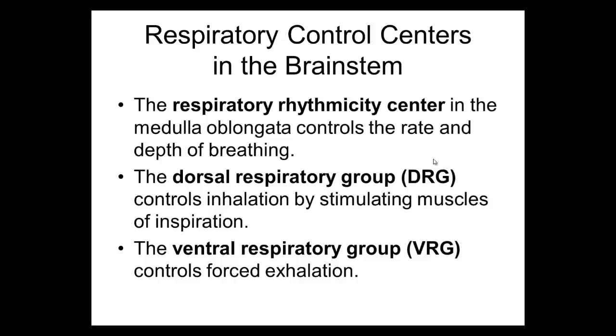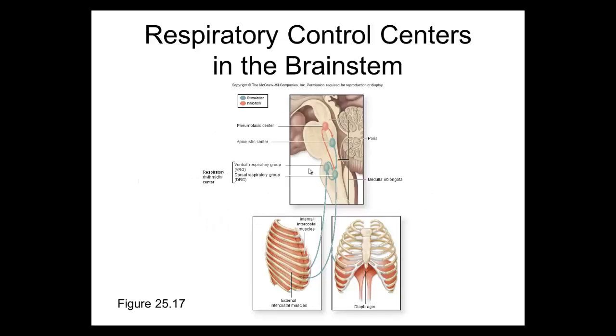So in the medulla oblongata, we're going to have what we call the dorsal and ventral respiratory group, and the dorsal will be associated with inspiration, the ventral will be associated with expiration or exhalation, and then in addition to that, we're going to have what we call the apneustic and the pneumotaxic centers.